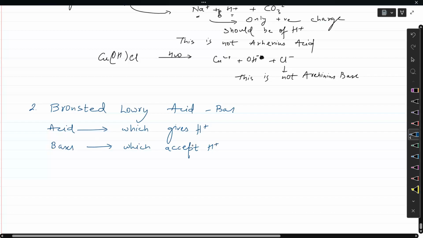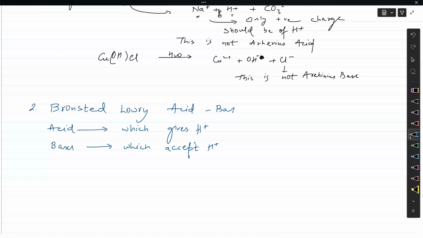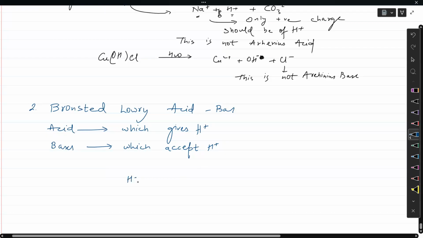Arrhenius talked about what dissociates: H plus is acid and OH minus is base. But Bronsted said acids give H plus and bases accept H plus. Understood everybody? Yes or no, say something.